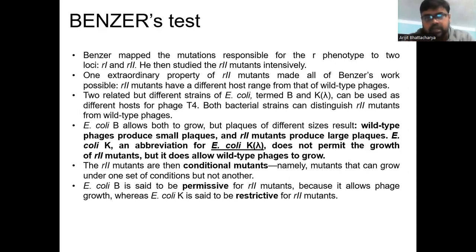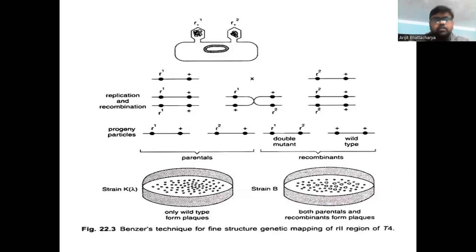That was basically their intention. So let us see how they did it. They took different mutants, like here you can see one mutant is R1 and another mutant is R2, something like that. Here you see in the first phage, there is one mutation R1 which is mapped here.